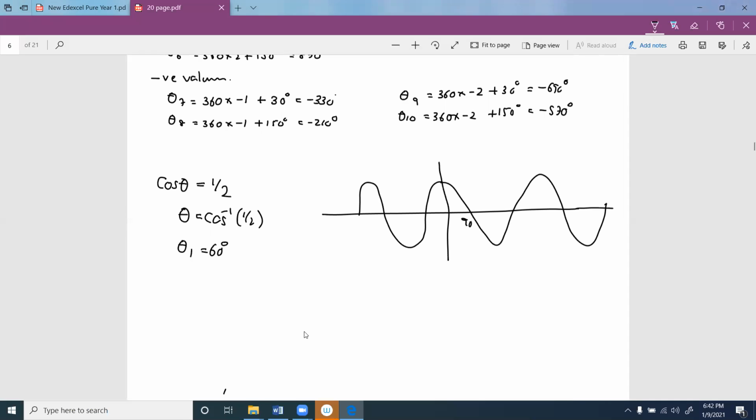So it's 90, 180, 270, 360, then 450, 540, etc. So this is minus 90, minus 180, minus 270, and so on it goes. So this is plus 1. If you come to the half, it means somewhere a point here.